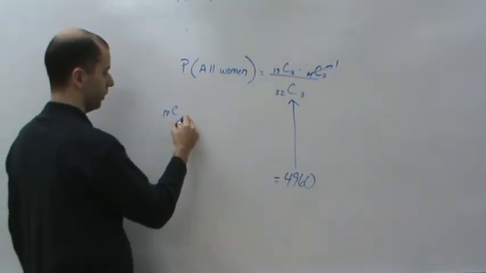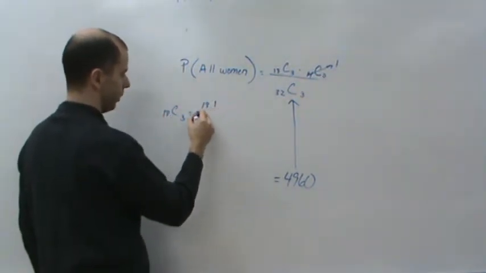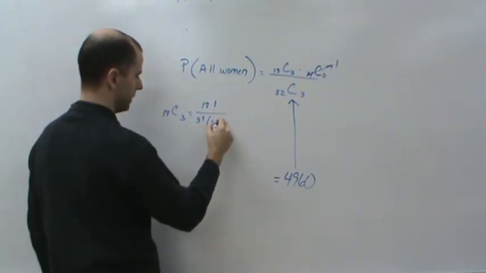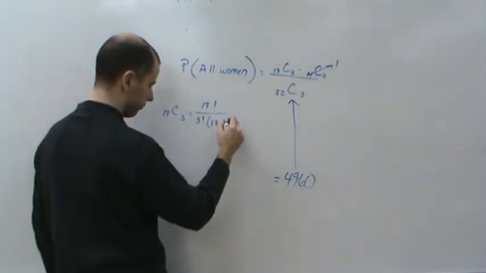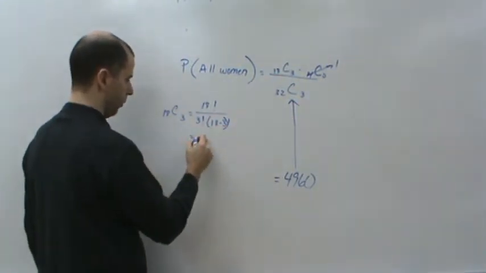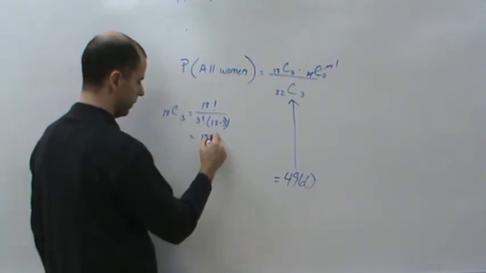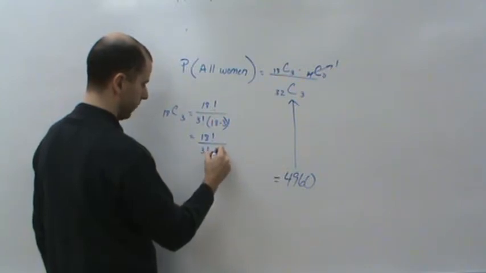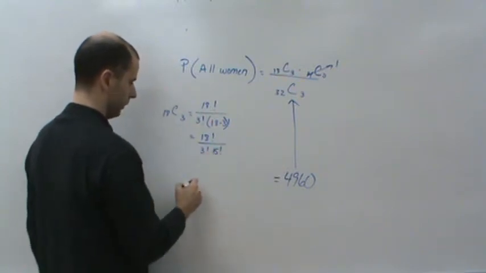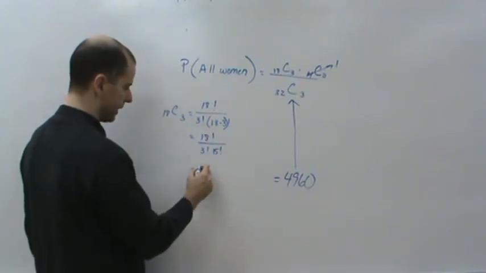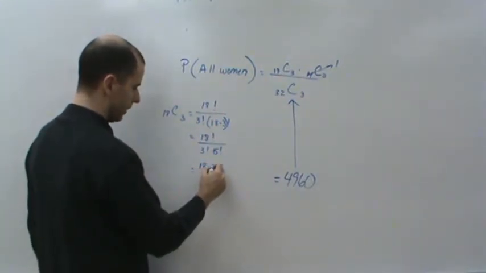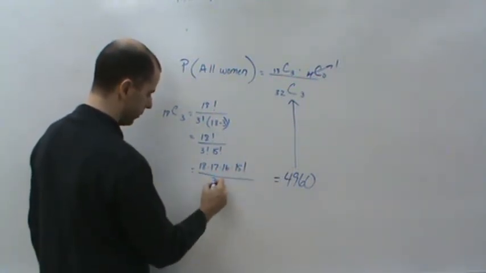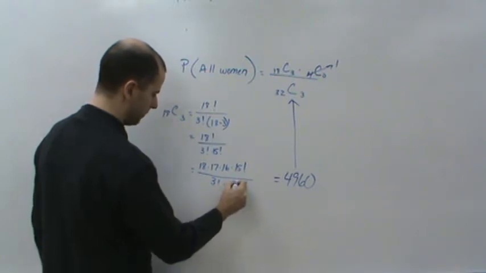So now, let's use the formula. 18 choose 3 is 18 factorial divided by 3 factorial times (18 minus 3) factorial. Well, this is going to be 18 factorial over 3 factorial times what? 15 factorial. And so again, if I cancel things out, I'm going to get 18 times 17 times 16 times 15 factorial divided by 3 factorial and then divided by 15 factorial.